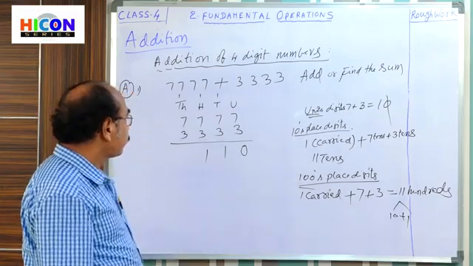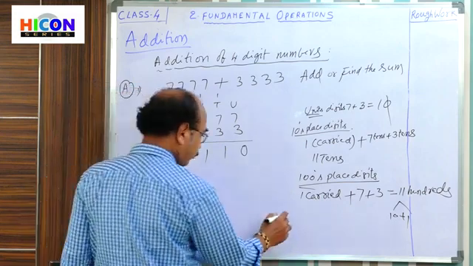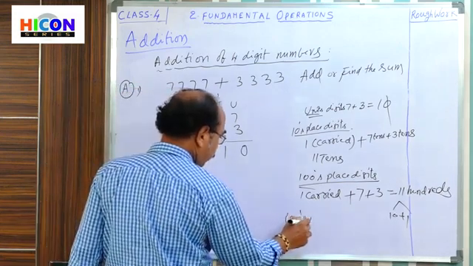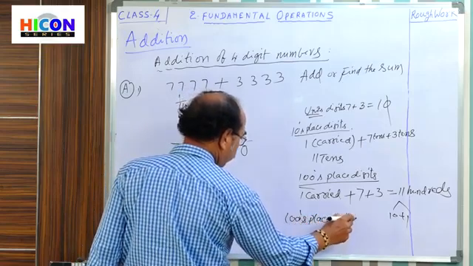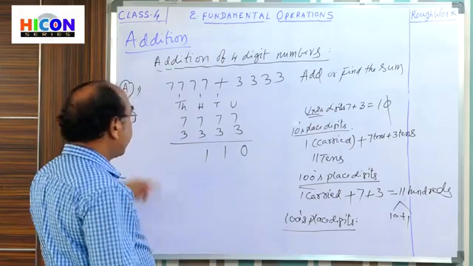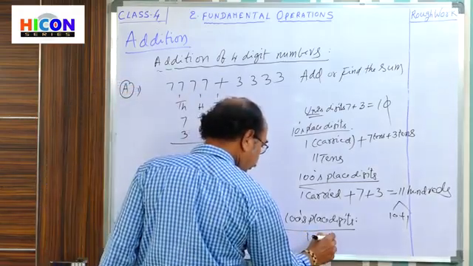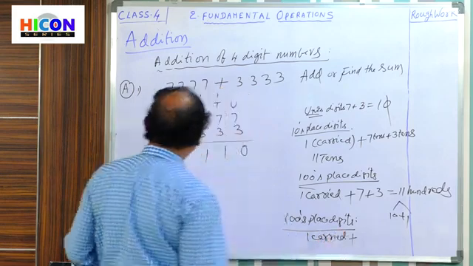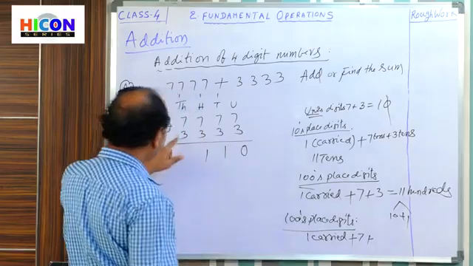So now I add thousands. Come to thousands place digits. Carried 1 is 1000, plus here 7000, plus here 3000.